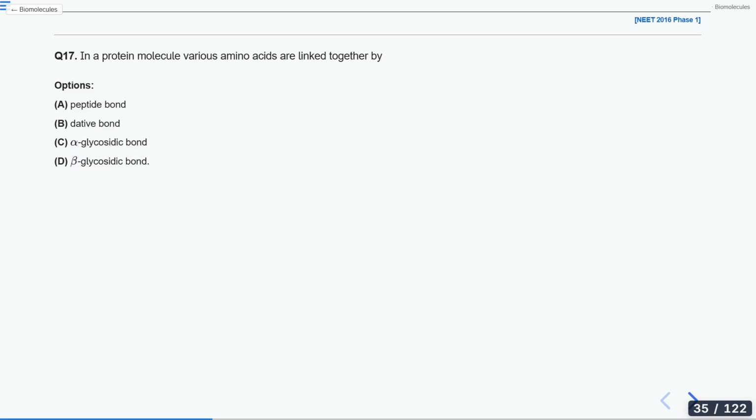Where is this glycosidic linkage present? Anyone, can you tell me the correct answer? Amrita is telling carbohydrate. Yes. Shani is telling starch. Surbi is telling phosphate and base.